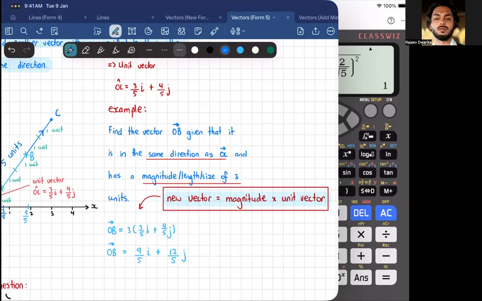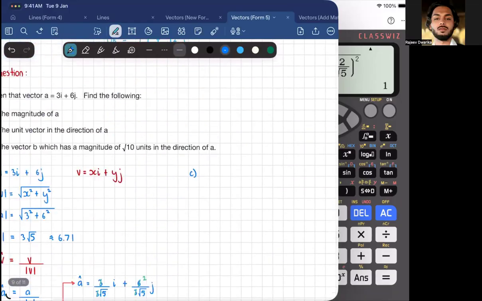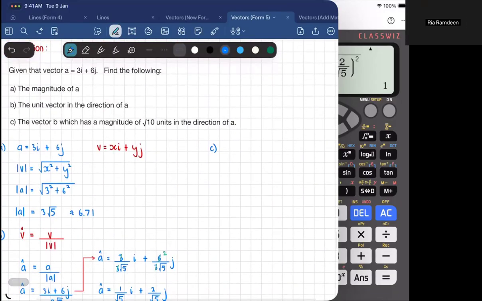That's all. So read part C for me. The vector b, which has a magnitude of square root 10 units in the direction of a. Right. So what do you think we should do?